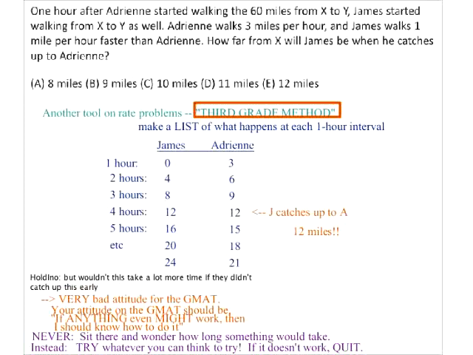Every method is just as important as every other method. If you have a really formal schooling background, you probably don't like this method very much, but it doesn't matter. It's still a really good way to solve problems. So basically, a third grade method is just think about concrete numbers after concrete intervals of time, so that there's no algebra.